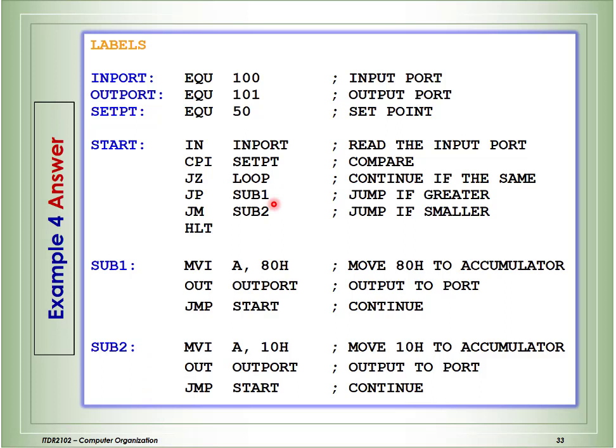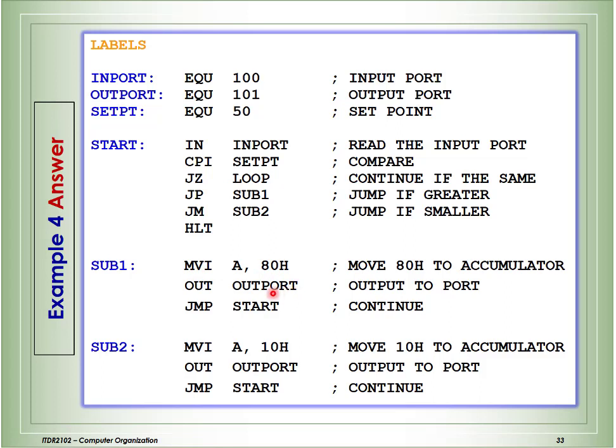If it is greater, control will be here in sub1, so it will move this value to the accumulator because this is move immediate.